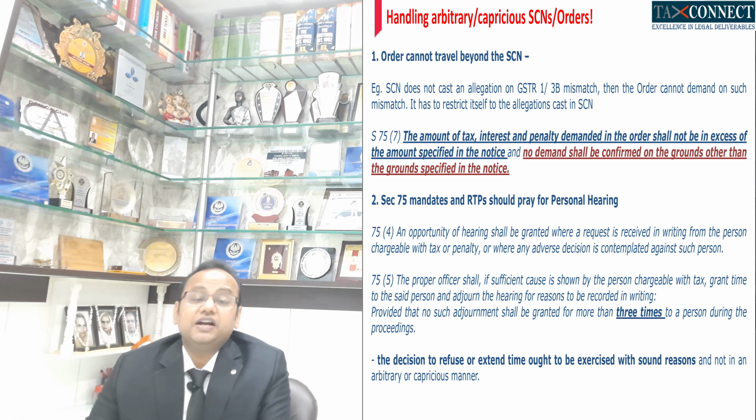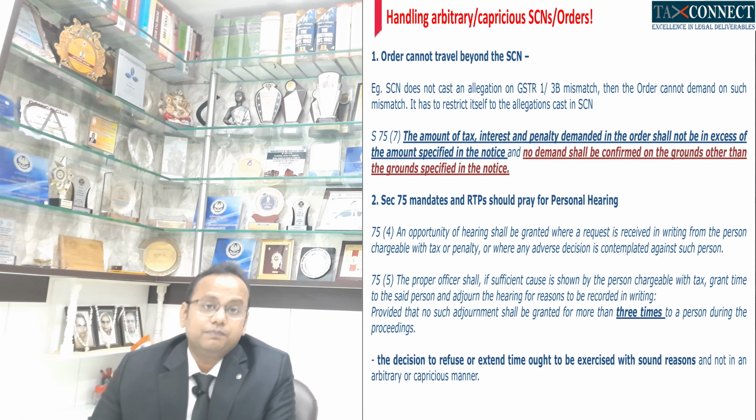Even in case an adjournment is not provided, then it should be specified very clearly as to the reason why adjournments, less than 3, have been denied to the taxpayer. In case it is not done, then the rule of law would be considered to have been violated, and the intimation or the show cause or the order may be considered as null and void.